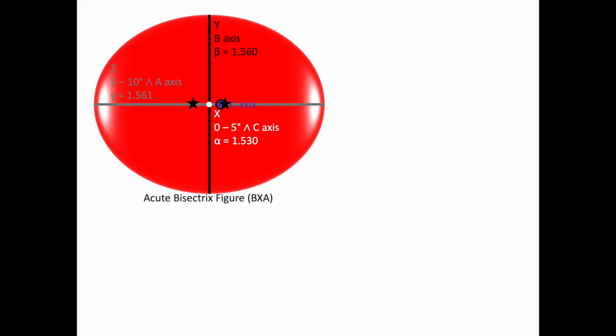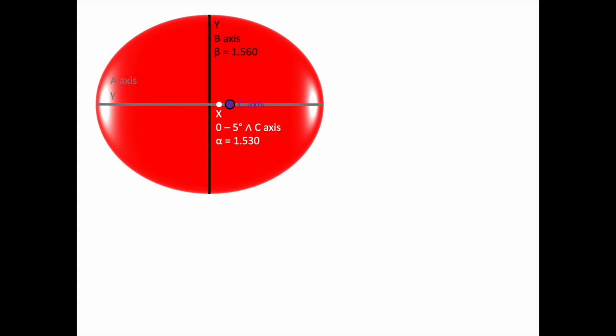As there is some variability between the X direction of our optical indicatrix and the C crystallographic axis, as well as the Z direction of our optical indicatrix and the A crystallographic axis, the actual view of our optical indicatrix when looking at our Phlogopite lying on a cleavage surface will be slightly different. And here's a possible representation of that view depending upon those angles between our crystallographic axes and the directions of our optical indicatrix.